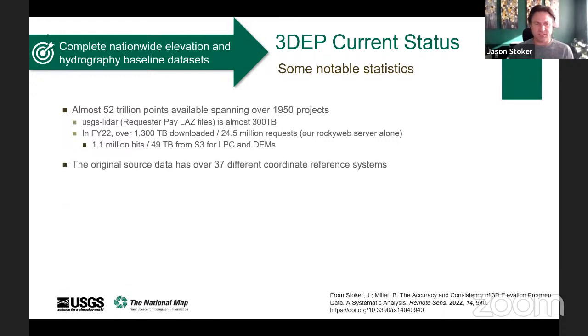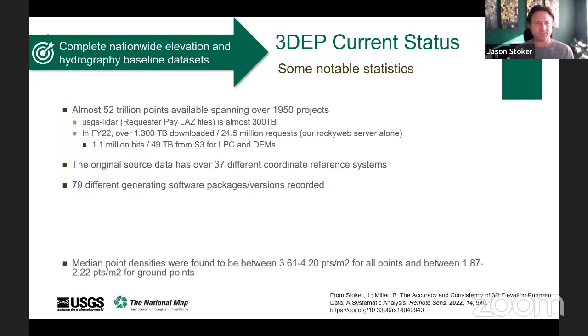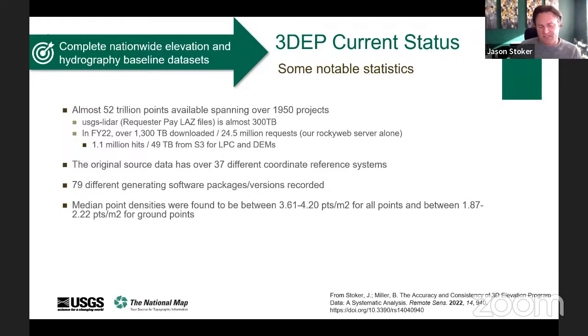As I mentioned, this data is all over the board. So the original source data is at least 37 different coordinate reference systems. There were 79 different generating software packages that we recorded available for this data. The median point density, so I mentioned the quality level 2 thing of at least 2 points per square meter. When you actually dig into the data, you'll see that the point densities are almost usually 2x that.